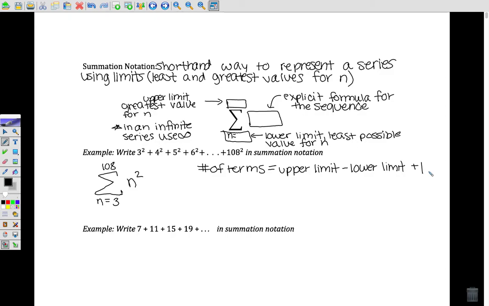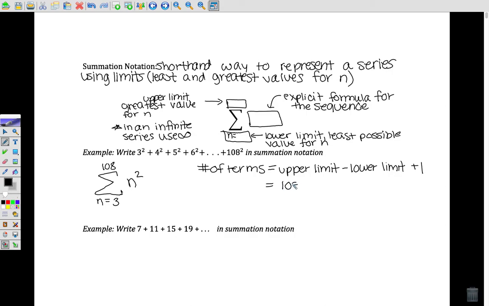So if you had the sequence going from 1 to 100 like we did before, it's easy to tell there's 100 terms in there. In this case, if we're starting at 3 and going to 108, I'm going to do 3, 4, 5, 6, all the way until 108.